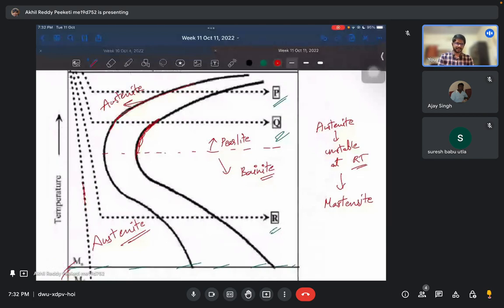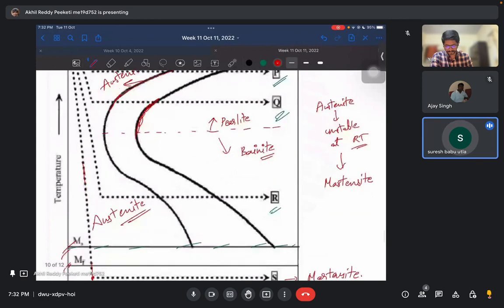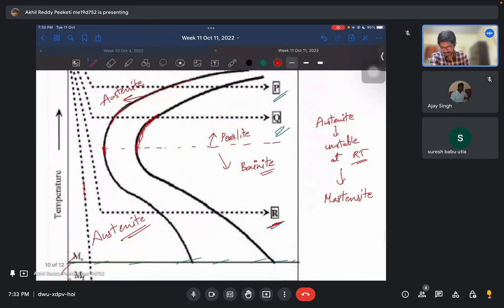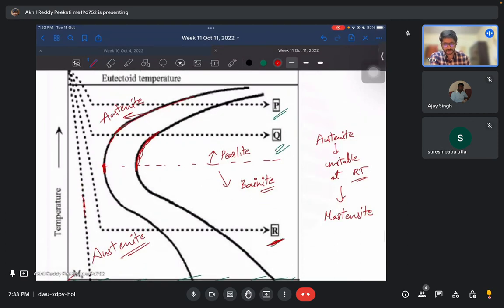So if you get to these states and then cool down, pearlite will stay pearlite and bainite will stay bainite. Because you are at R, what would R be then? Yes, R would be bainite.